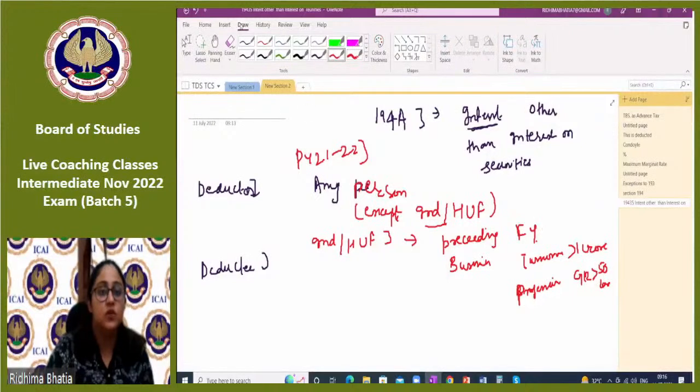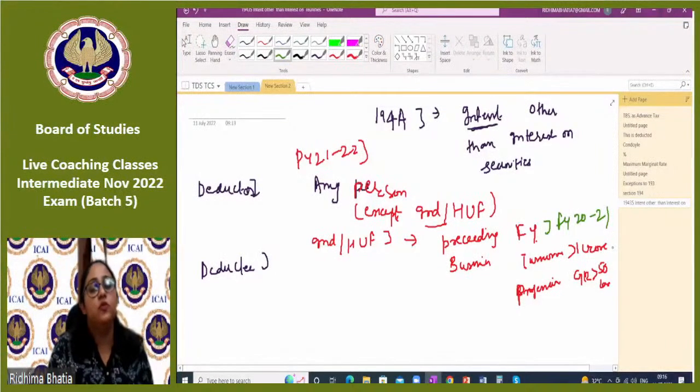Which is the preceding financial year? The previous year, or the financial year 2021, if the turnover is more than 1 crore if I'm doing a business, or if I'm into a profession, the gross receipts are more than 50 lakhs. Then only the TDS is required to be deducted. Again, I'll repeat.